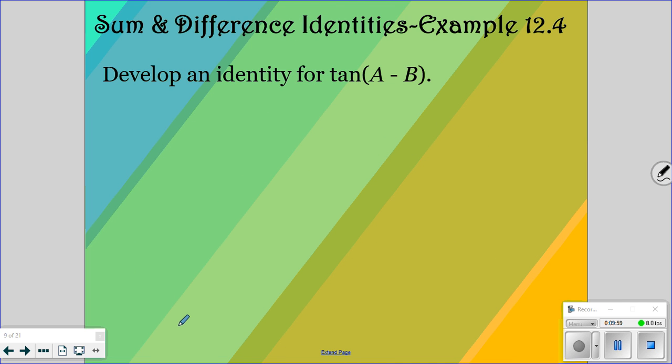So now we're going to develop the identity for tangent of A minus B. So it works very similar to the last one, so if y'all want to pause the video and try it by yourself, you're welcome to. I'm going to go ahead and get started on working it. So tangent of A minus B, first off you make tangent sine over cosine.